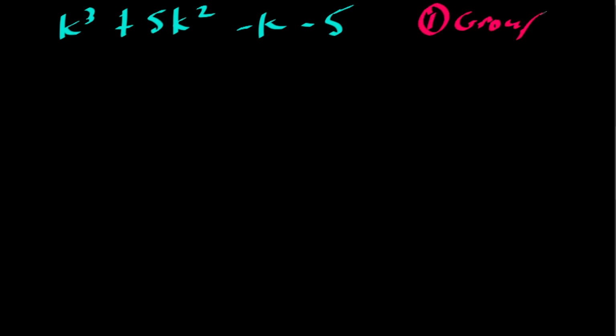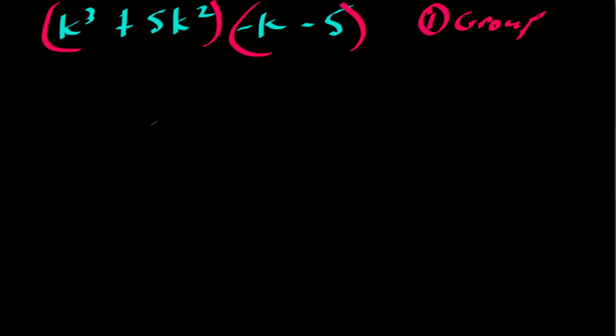Once again, let's do another problem, and I would suggest you try to do this. So k to the third plus 5k squared minus k minus 5. Once again, let's go through our steps. Our first step is to group, which we can do by just putting parentheses around the first two terms and the last two terms.